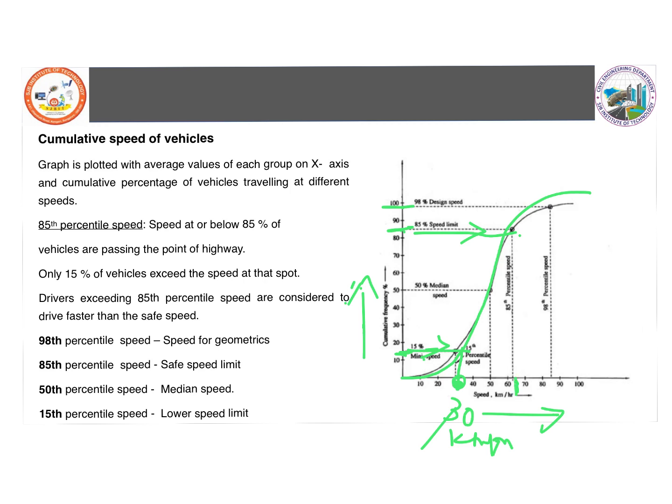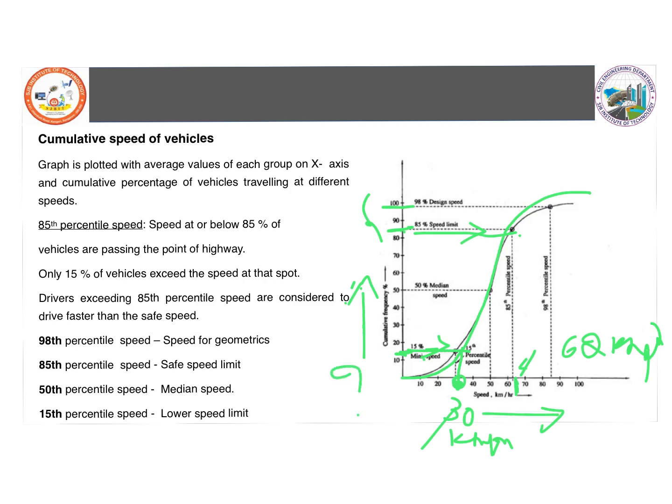You get a value of around 62 kmph. This says that 85 percent of vehicles are traveling at 62 kmph and below, and the remaining 15 percent of vehicles exceed 62 kmph.